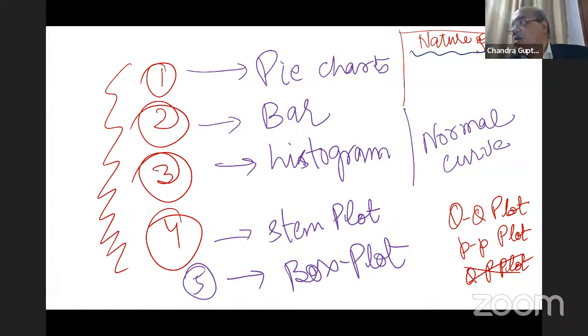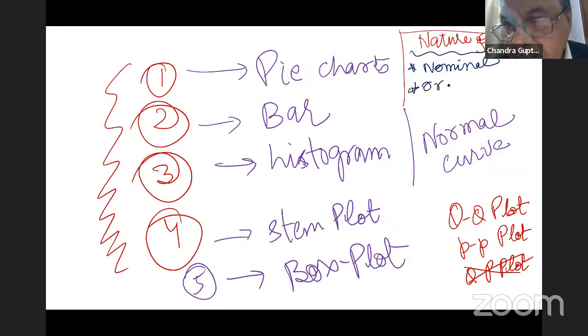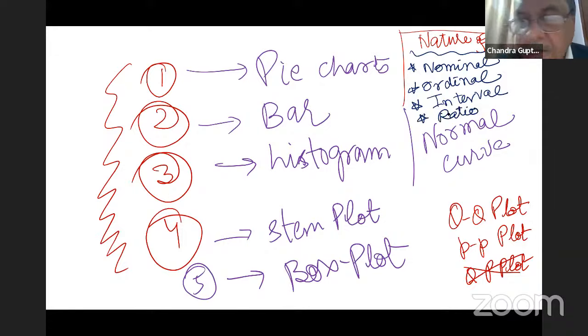Rashika, can you try? Rashika, primary data, secondary data is a different thing. Yes, Pooja, you're right. We classify data into nominal, ordinal, and into interval scale data and ratio scale data.